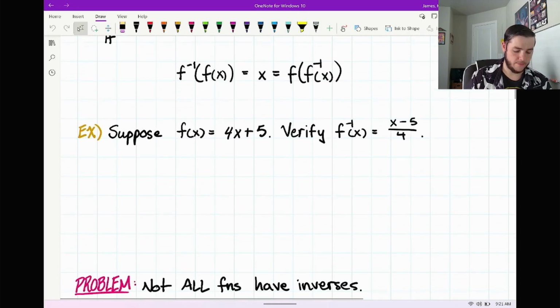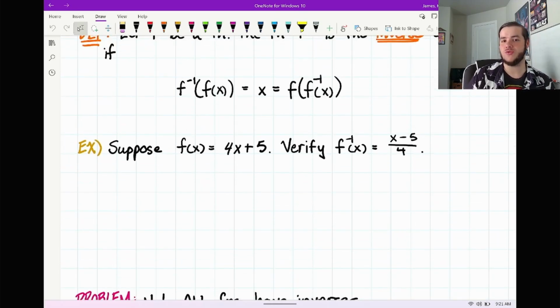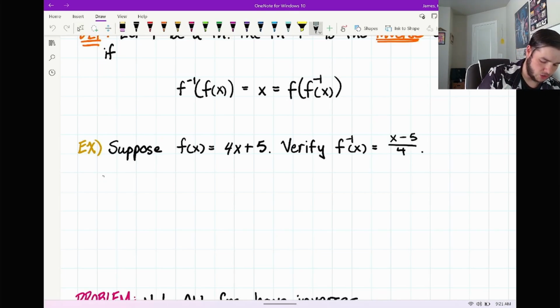So, for example, before we actually get into the details, let's suppose f is 4x plus 5. I would like you to verify that its inverse is (x minus 5) over 4. The way you would go about doing that is watch what happens when you take f and plug it into f inverse.